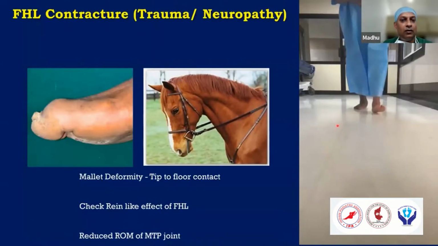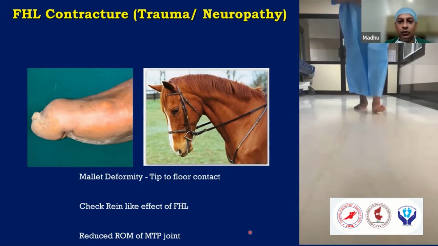As I said, a small word about tip ulcers or ulcers on the great toe that occur beyond the IP joint. So these are mainly because of the mallet-like deformity of the IP joint, because of the loss of the intrinsic muscles, resulting in a claw or mallet deformity and unopposed extrinsic contracture of the flexors. So this results in a check rein-like effect, causing the DPX to flex and stay flexed.